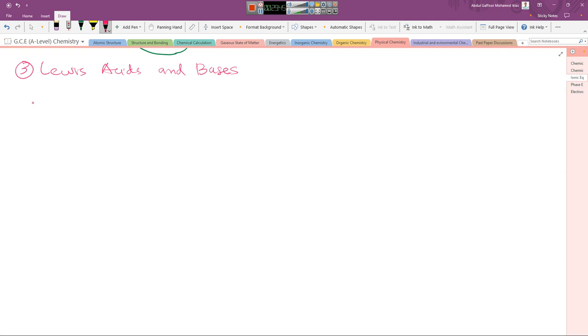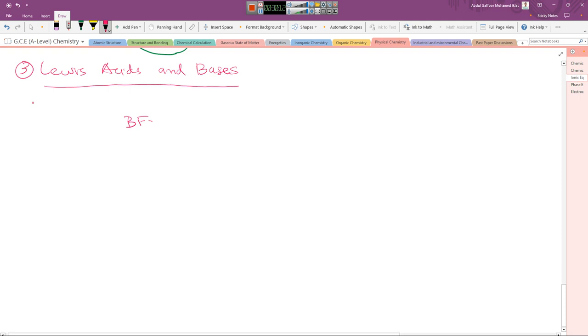So what we learned there is, if you have an electron deficient molecule, this definition will be constructed based on electron pair donation, right? Now if I explain using an example, then you can easily understand.